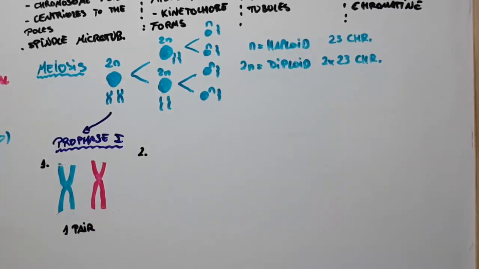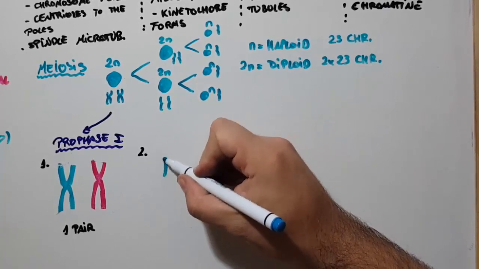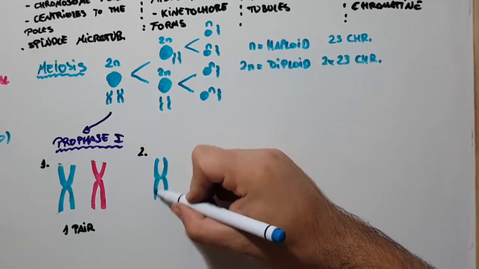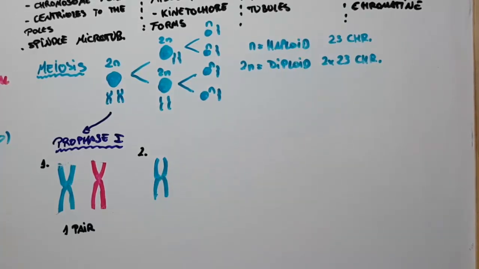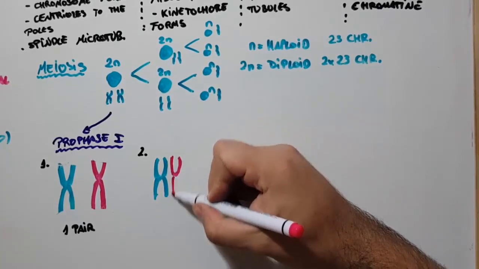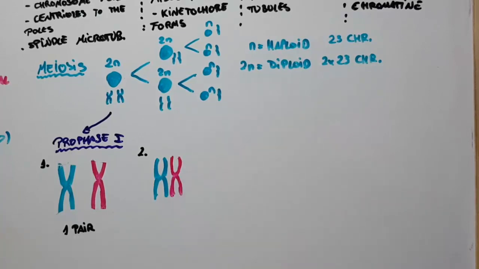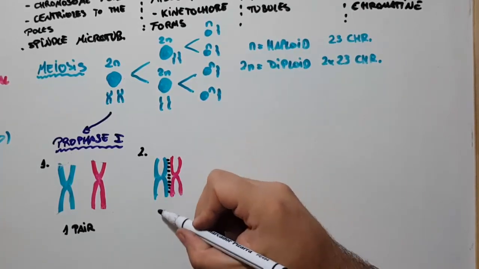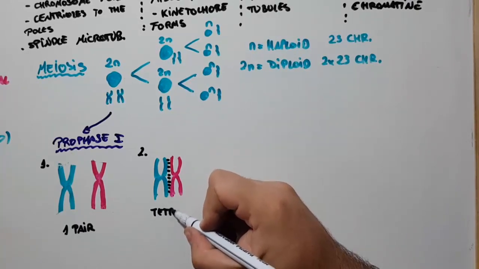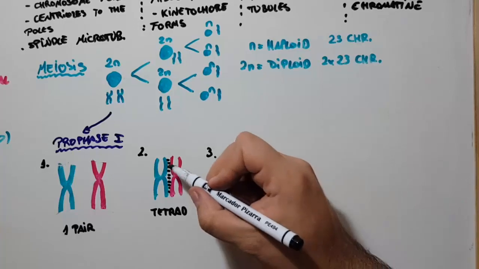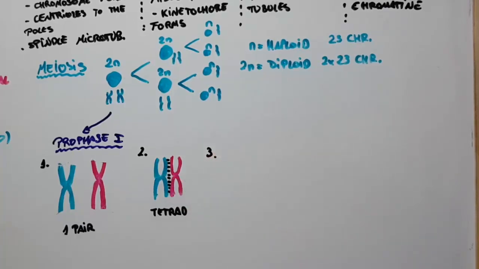They're going to get super close, one of the chromatids, like this, and they're going to become momentarily joined like a zipper. This is called a tetrad.